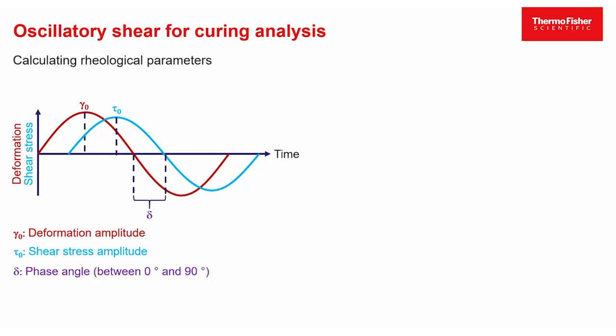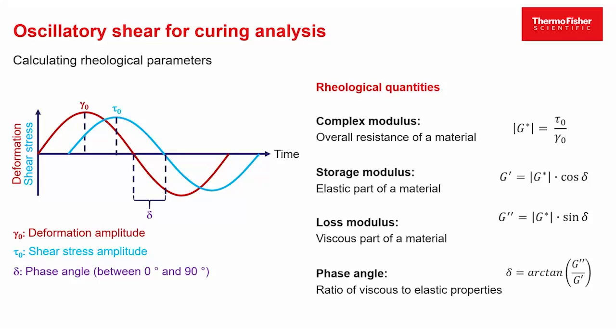Out of the deformation and the shear stress curve, many parameters can be calculated. On the right-hand side, you can see some of the rheological quantities. For example, the complex modulus can be obtained as a measure for the overall resistance of a material.